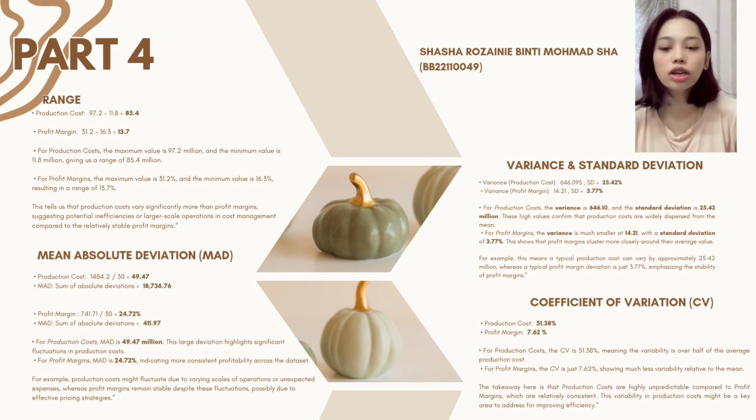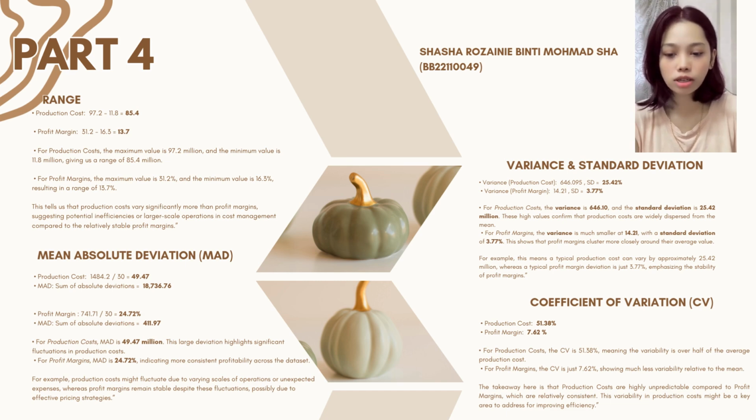First, we have the range, which measures the difference between the highest and lowest value in each data. For production cost, the maximum value is 97.2 million and the minimum value is 11.8 million, giving us a range of 85.4 million.